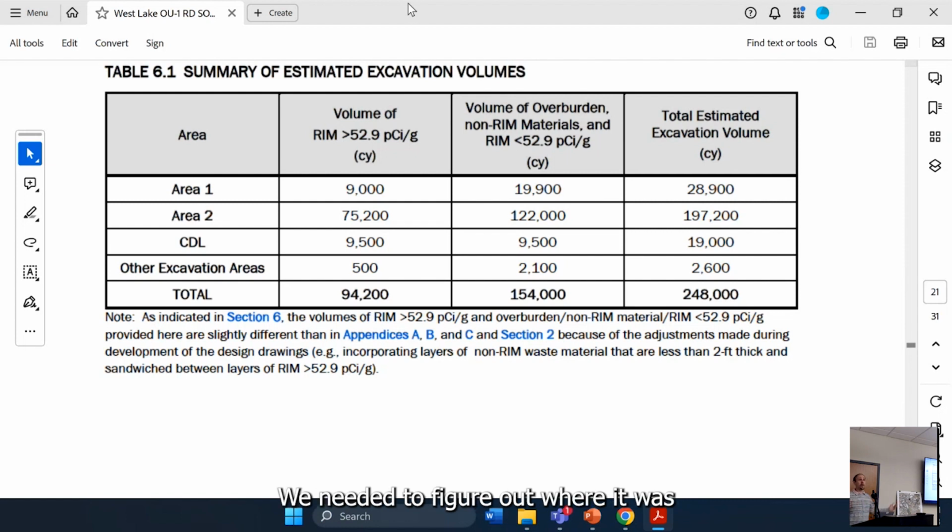We needed to figure out where it was, and knowing that it is deep, so it's not subject to excavation, we had to make sure that the engineered cover was put on top of it. So I don't have updated information to compare what percentage of the total this partial excavation is achieving.